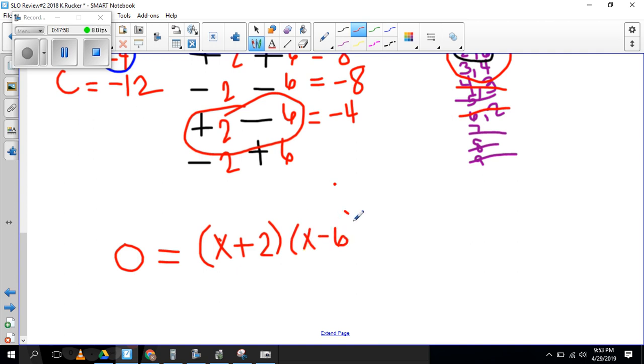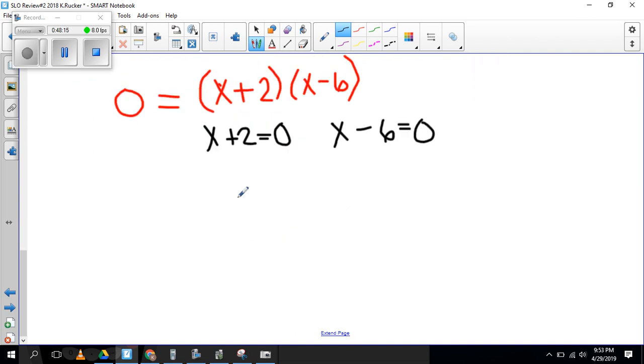Our last and final step: because it's equal to 0, we basically got to set each one of these equal to 0. So x plus 2 equals 0, x minus 6 equals 0, and this does take a lot of room. We just solve for x. Subtract 2 from both sides, we get x equals -2.